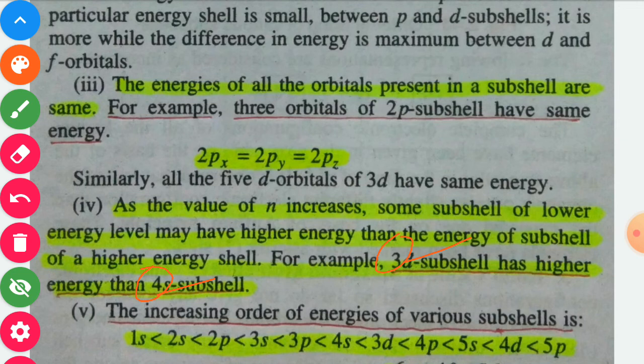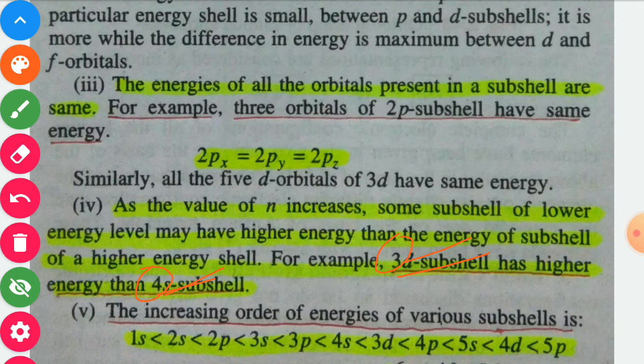During filling of electrons, electrons always fill from a low energy level to a higher energy level, meaning the subshell which has low energy fills first as compared to the subshell which has higher energy. So first of all the 4s subshell will fill, and then the 3d subshell will fill, because the energy of 3d is more as compared to 4s.